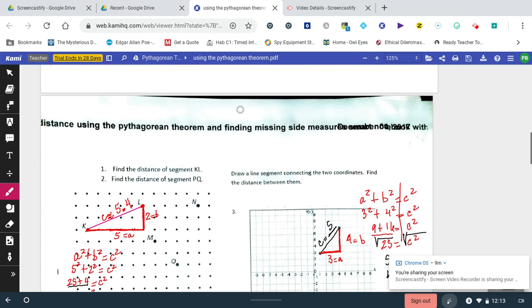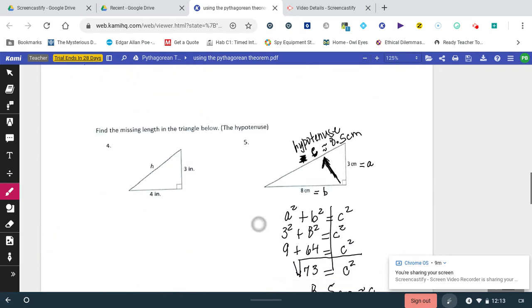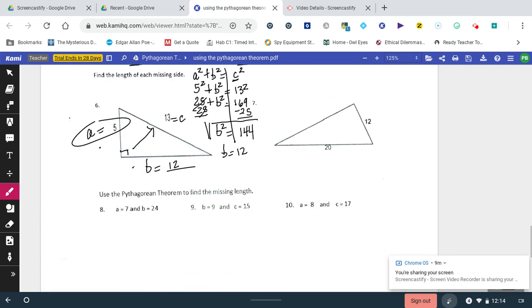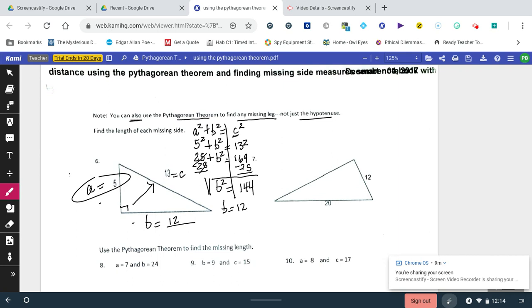So I hope you get the gist of what I'm saying. If the numbers are on the same side, that means they're both legs. Well, what do you normally do with the areas that are on the legs? You normally add. So you can add the numbers as long as they represent the areas of the legs, because that's what the Pythagorean theorem says you can do. Therefore, they will both have to be on the same side.